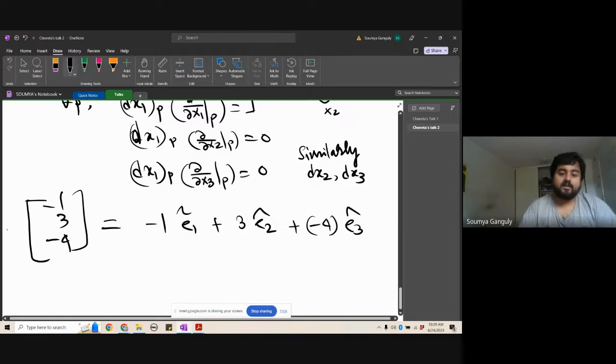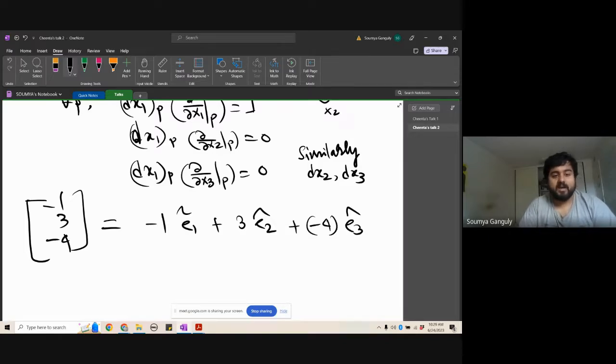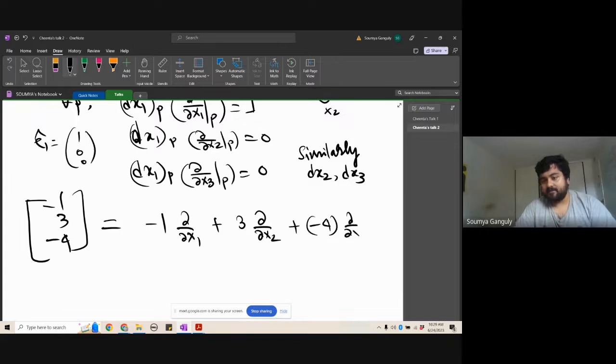We can write it like this. However, now we are in a different notation. Instead of E1, we will write del x1, E2 we will write del x2, and E3 del x3. This is just a notation, honestly, unless you are differentiating a function.